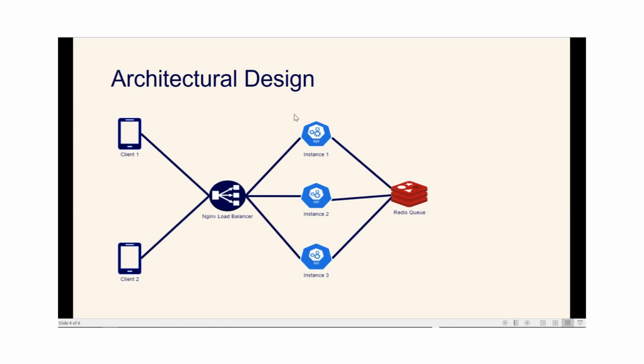But when we want to do our load balancing, meaning that the Flask API will have multiple instances, with the same Flask logic but running on different instances, and our different instances are running on different Docker containers, right? So we have this instance 1, which is a Docker container.